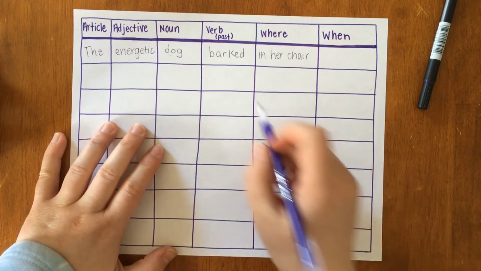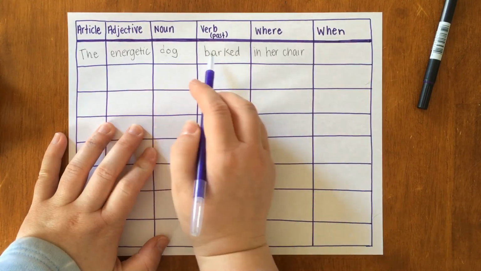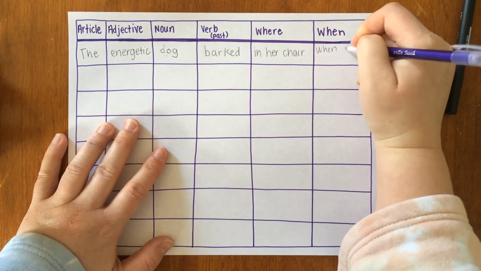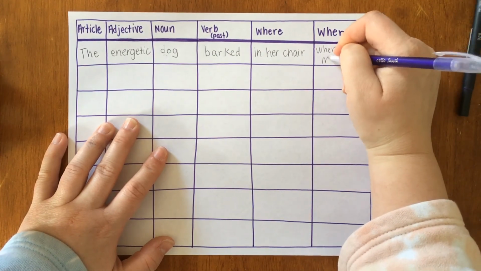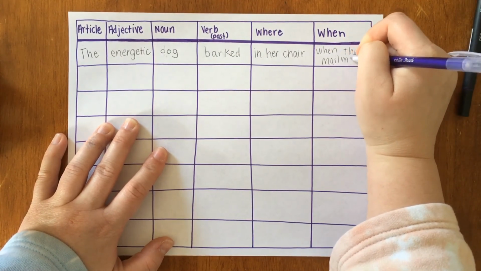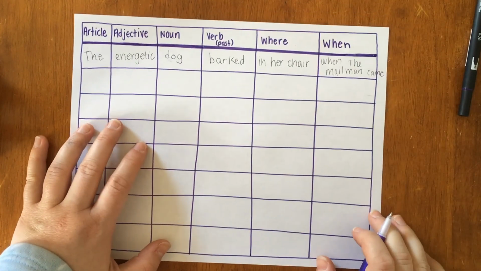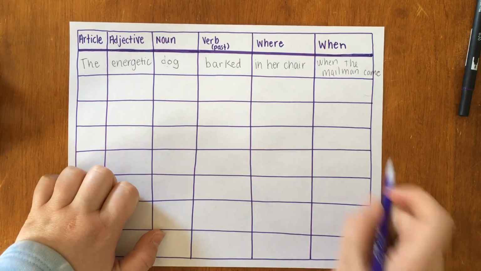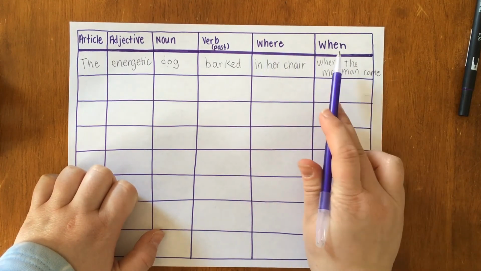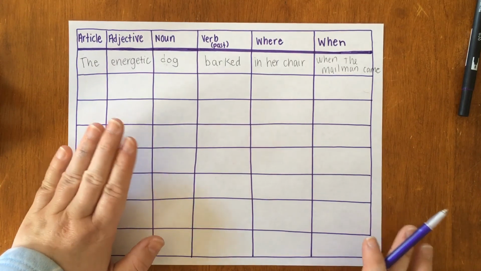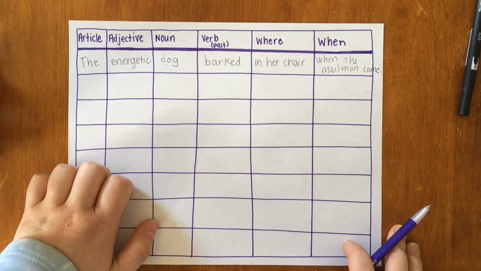But what I'm going to say here is the energetic dog barked in her chair when the mailman came. She often barks when the mailman comes. So that tells you where she was and when she did it. Lots of combinations you could do there.